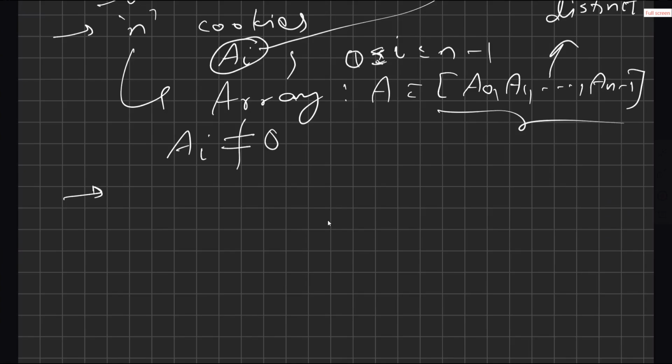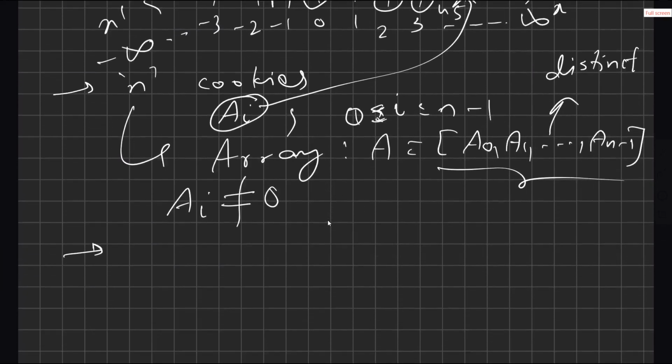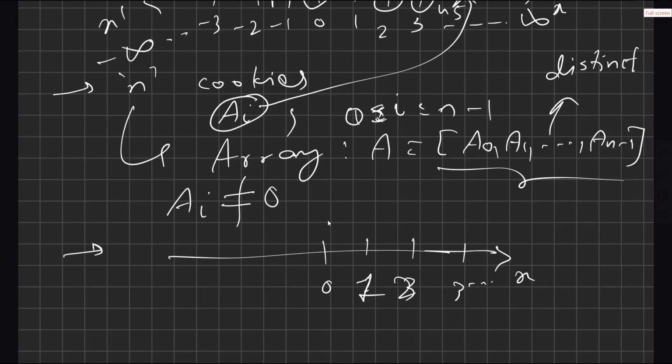Whatever locations we have, 1, 2, 3 on the number line, this is x, and this is x dash, minus 1, minus 2, minus 3, and so on to infinity. Since Takahashi starts at position 0, and we have cookies placed at this position and this position, from the current position he moves to the cookie where the distance is less.